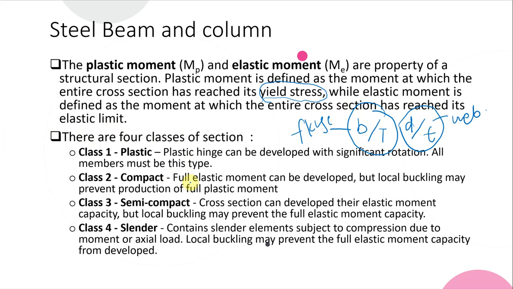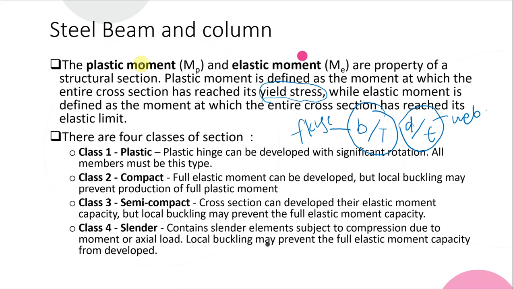Okay, maksudnya entire cross section tu boleh develop moment dia tu sampai reach its elastic limit. Okay, tapi local buckling may prevent production of full plastic moment.